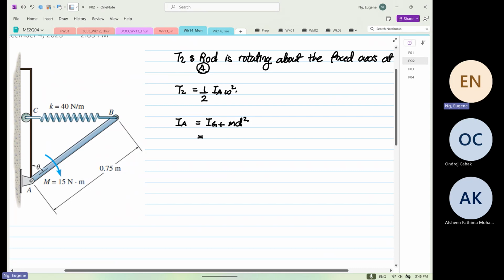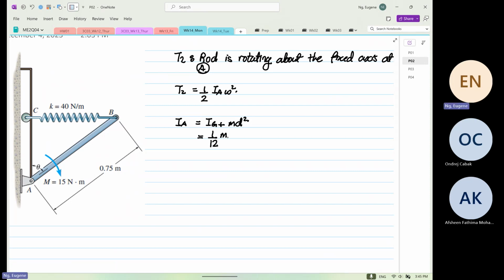Okay. So I have to write down the formula. So it's 1/12 ml squared plus MD squared. Okay. So from here, this will be equal to 1/12 times the mass, 10 kilogram, multiplied by 0.75 squared, plus the mass again, 10 kilogram. Now D, you have to be really careful. Okay, the D now, from the center of gravity, is equal to 0.75 divided by 2, and this will be squared.